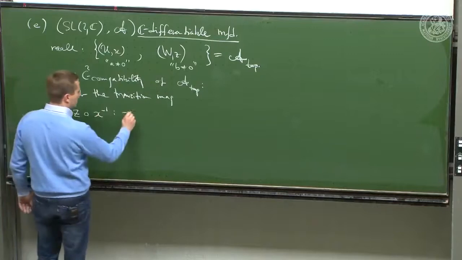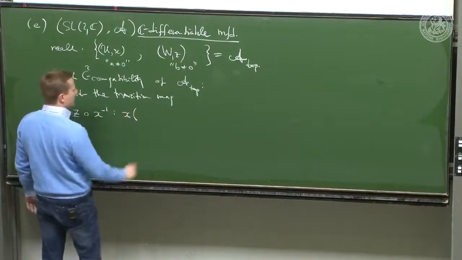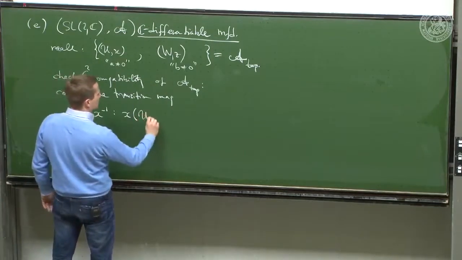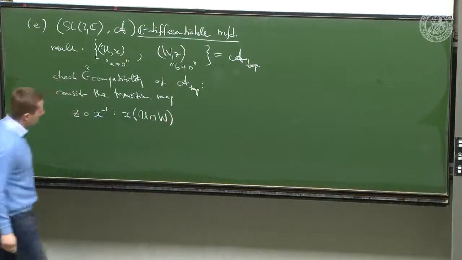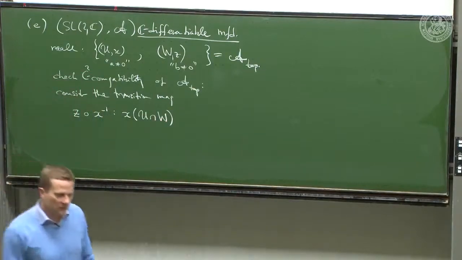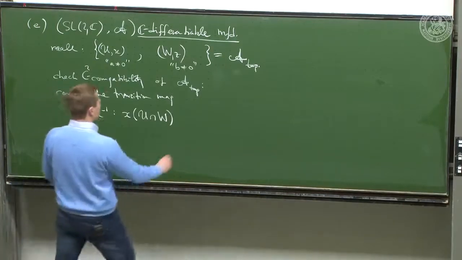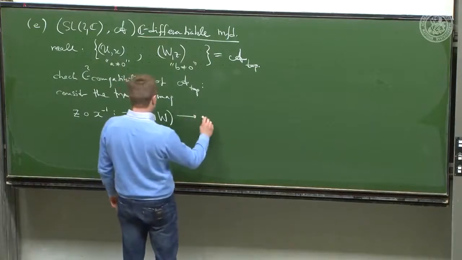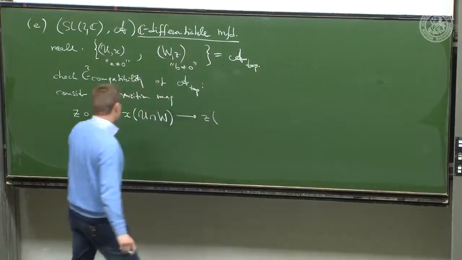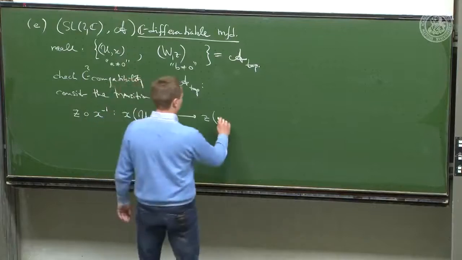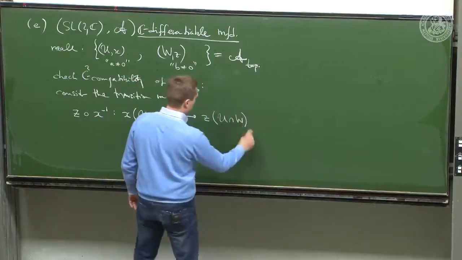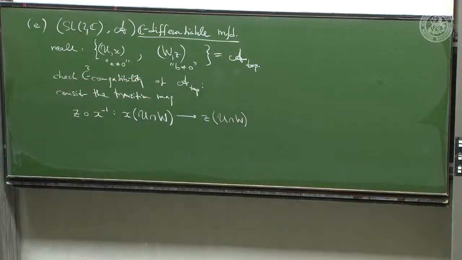Where does this start? It starts at the image of X of the intersection of U and W, because the transition map can only look at a domain that is the intersection of the two charts, and it maps you to Z of U intersected W. And now we need to construct this.